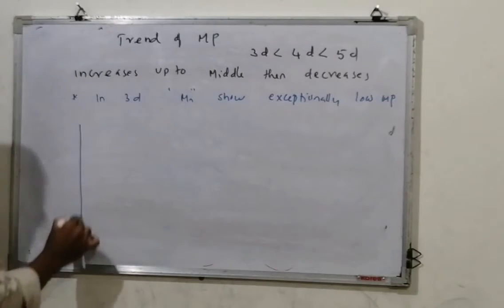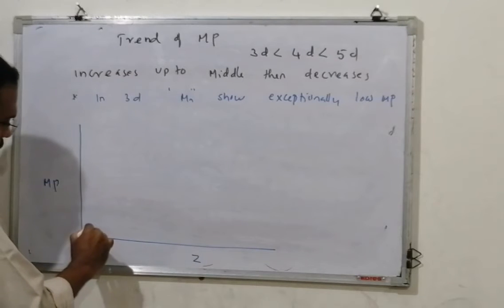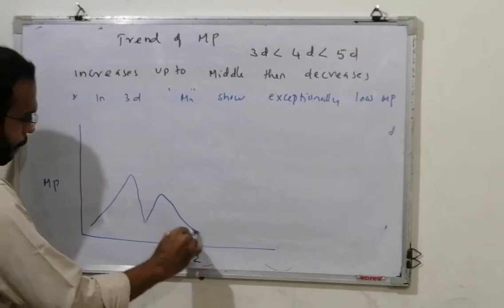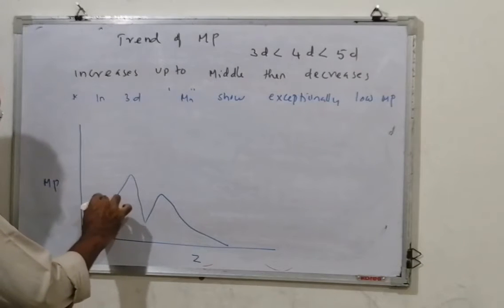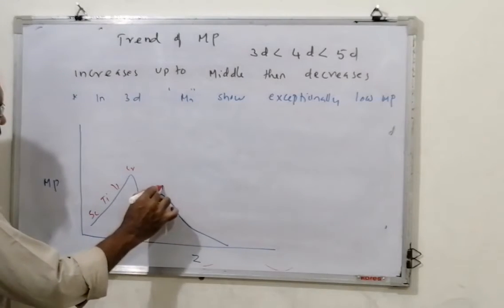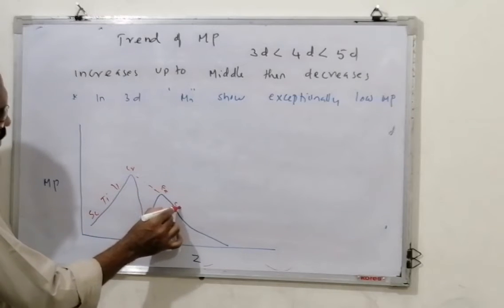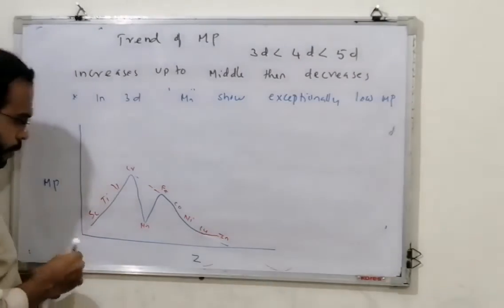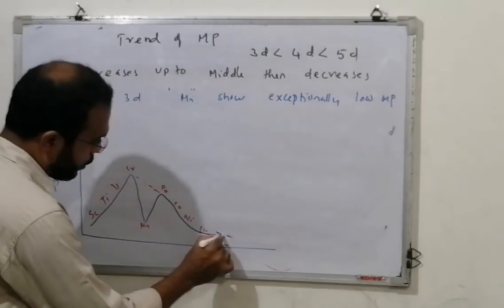So with atomic number, in the 3D series, melting point increases up to the middle, then decreases: scandium, titanium, vanadium, chromium, manganese exceptionally low, then as usual decreasing: iron, cobalt, nickel, copper, and zinc. Here, zinc.